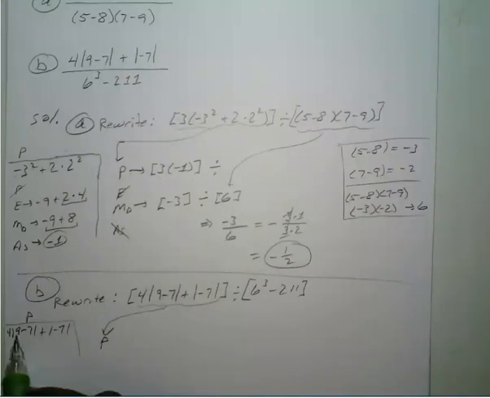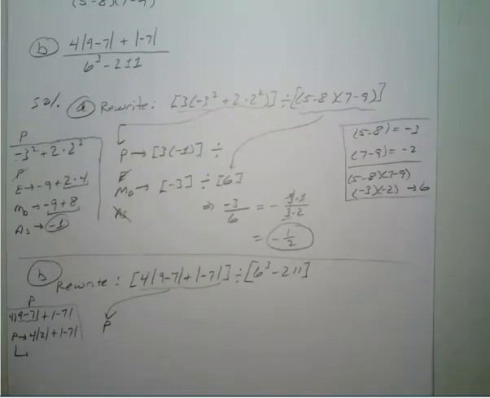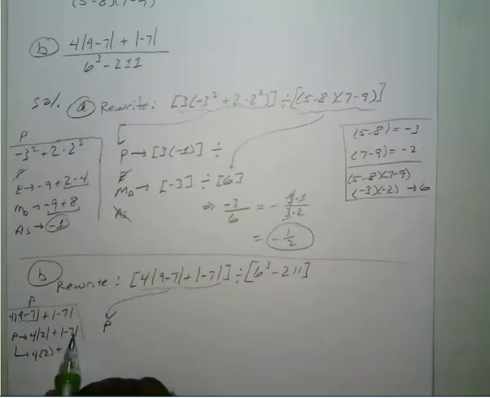So we have the absolute value of 9 minus 7, so 9 minus 7 is 2, so we have 4 times the absolute value of 2 plus the absolute value of negative 7. So if we simplify that any further, the absolute value of 2 is just 2. So we have 4 times 2 plus the absolute value of negative 7 is positive 7.